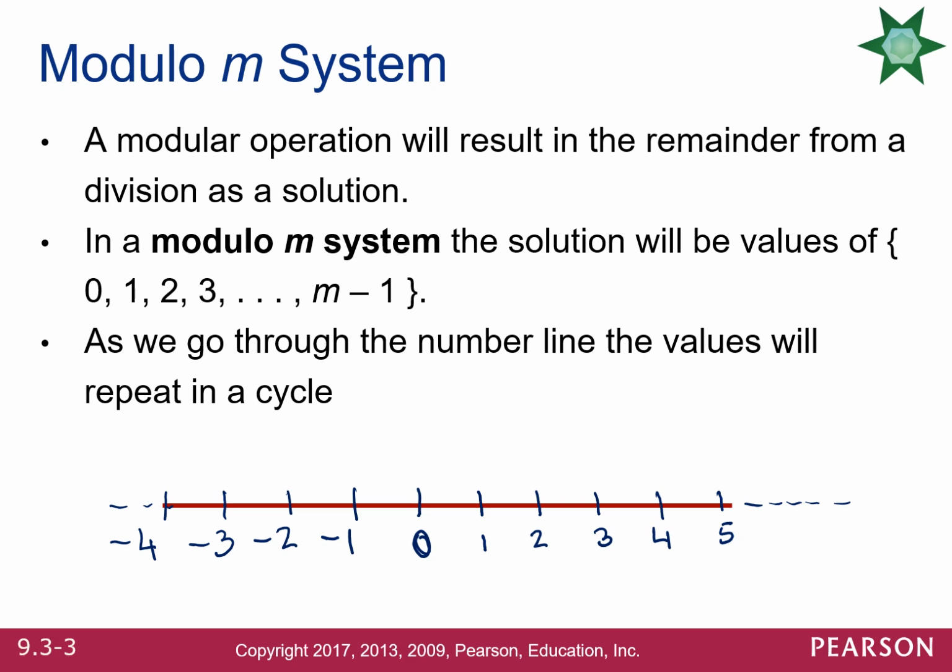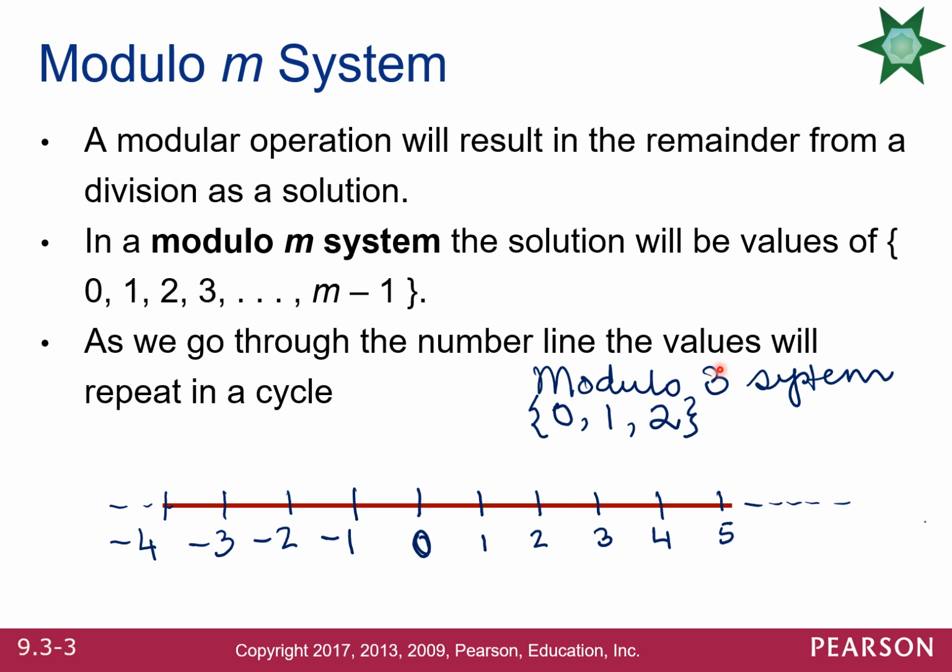So if we are working with a modulo 3 system, all right, then the possible values that the solutions can take could be a 0, it could be a 1, or a 2. These are the 3 values that we can come up with as answers after we perform the modular operations. Keep in mind again, the highest value will be less than whatever this m value is.